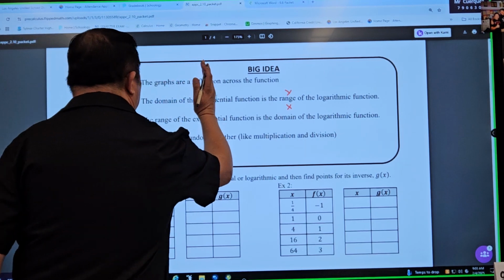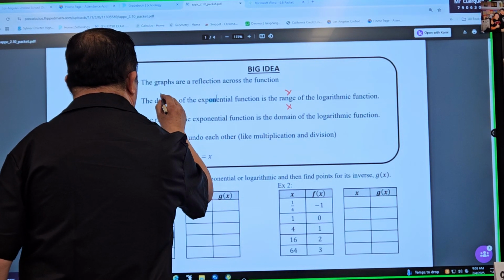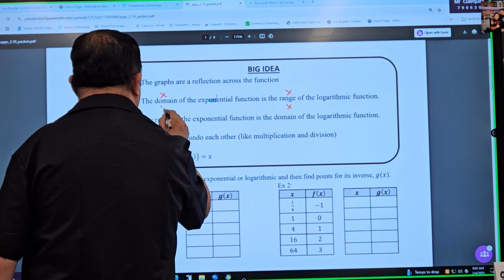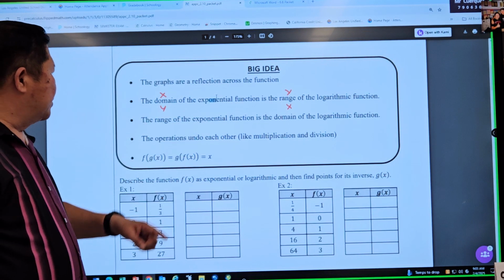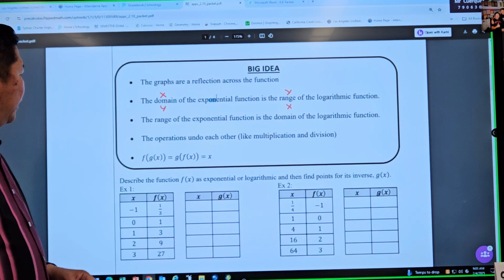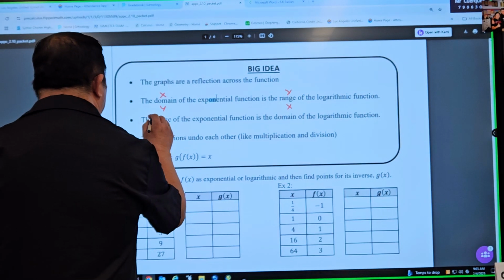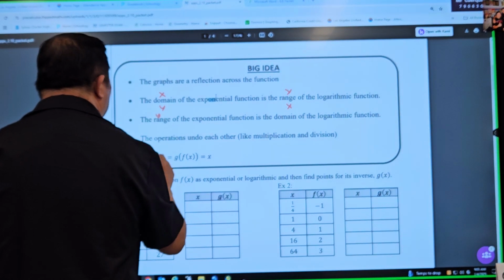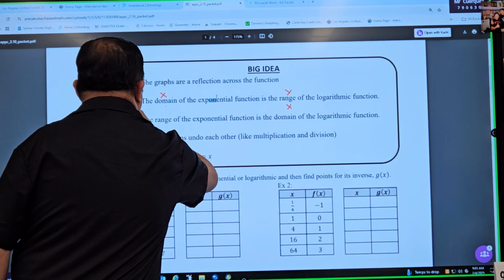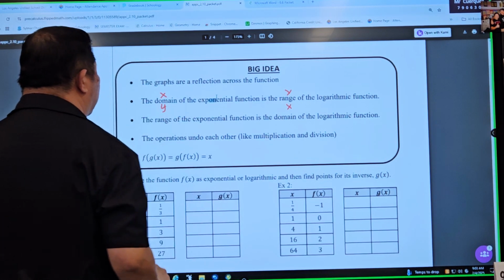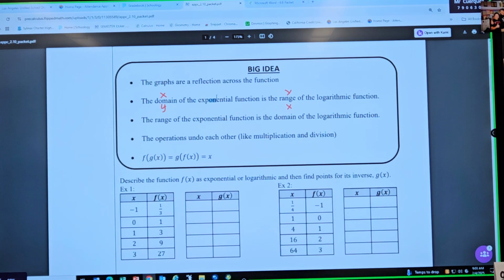So I'll just put the domain right here, domain X and then Y, of the logarithmic function is the range of the logarithmic function, and the range of the exponential function, the Y right here, the range, which means the Y is the Y, or the range of the exponential function is the domain of the logarithmic function.